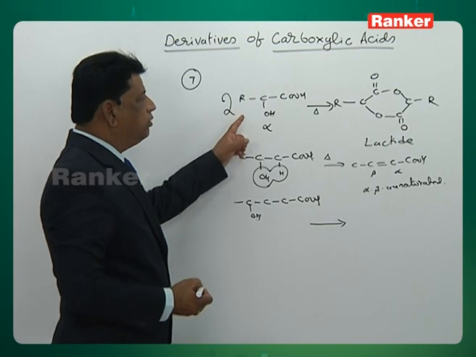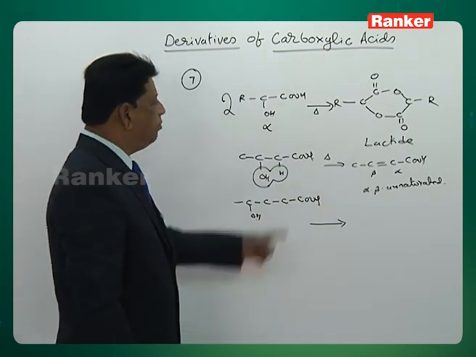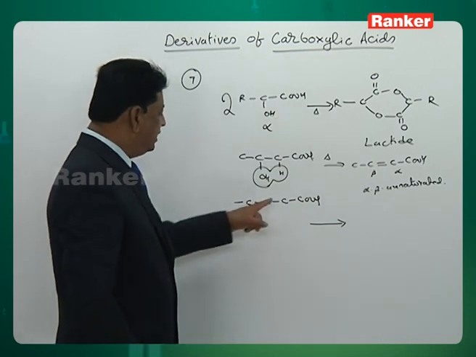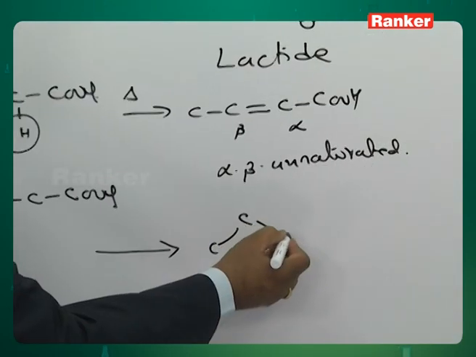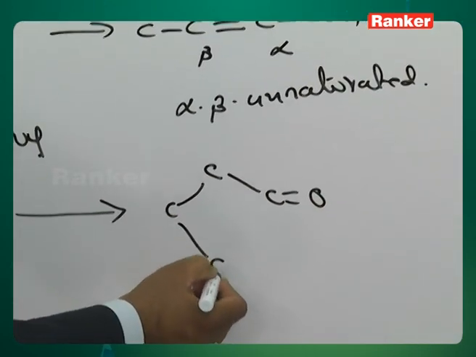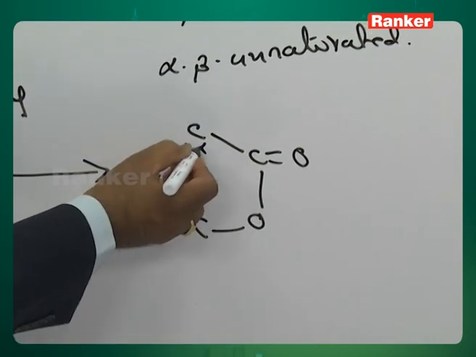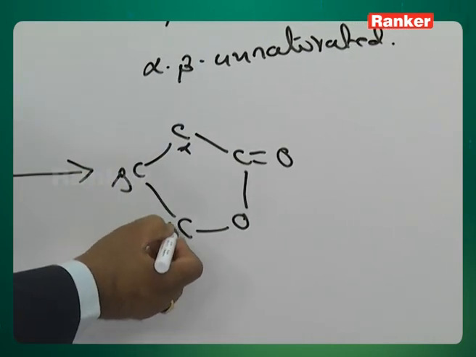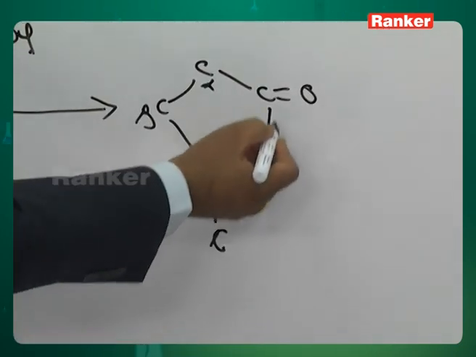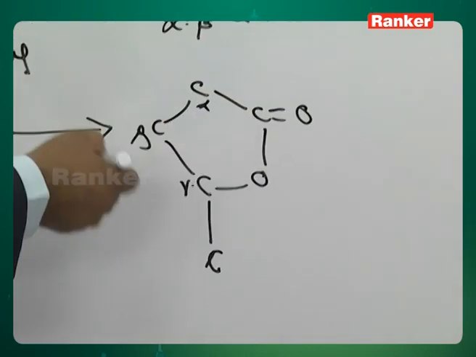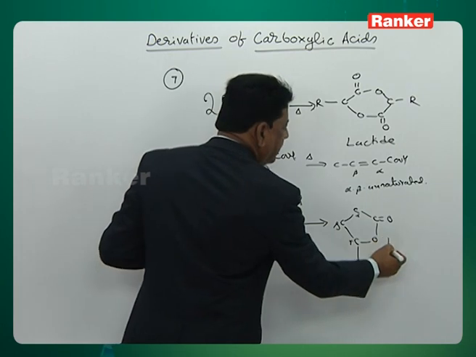This is intramolecular esterification, where water is eliminated within the molecule, and a cyclic ester is formed. Take alpha, beta, gamma, and then one more carbon. This gamma hydroxy and the COOH eliminate water, which is nothing but esterification. This is called a lactone.